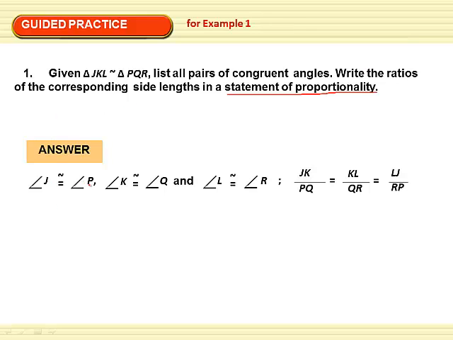J is congruent to P, K is congruent to Q, L is congruent to R. We also know that JK is in ratio to PQ because they're in similar positions, 1 and 2, 1 and 2. Do the exact same thing with KL to QR and LJ to RP. That's my statement of proportionality.